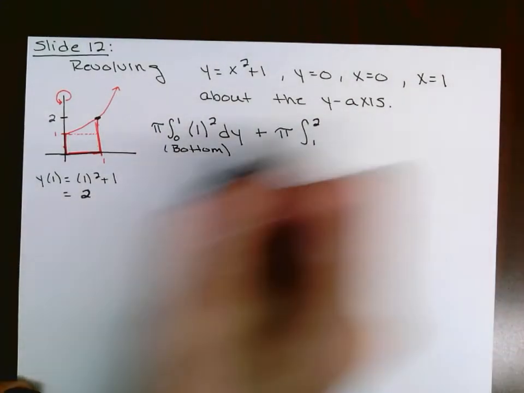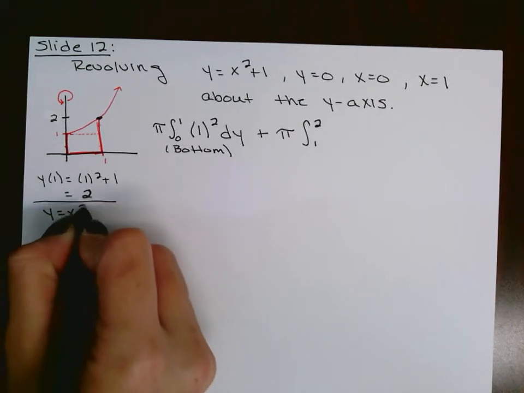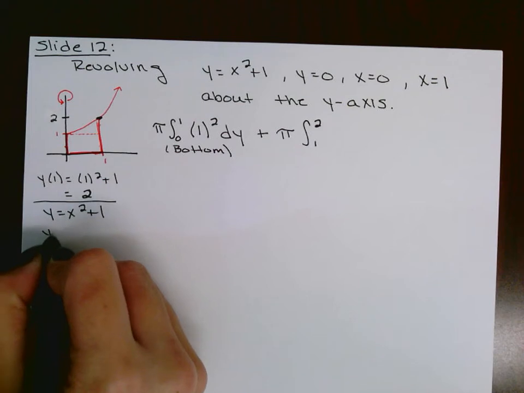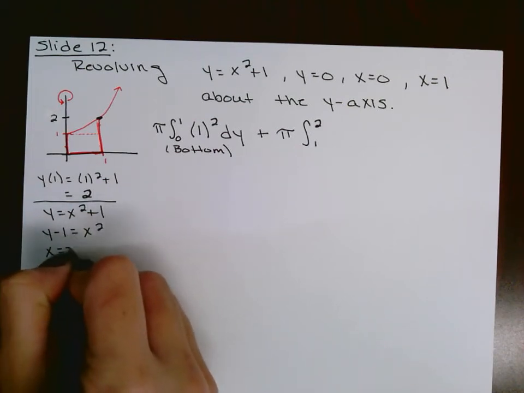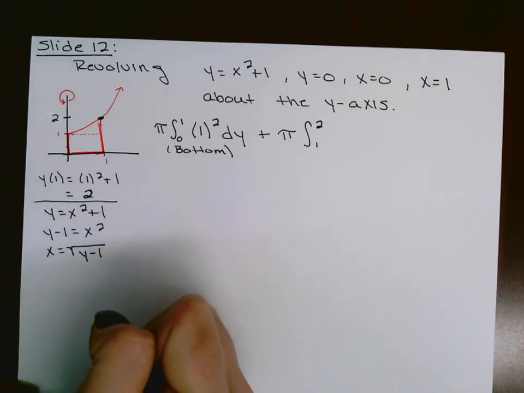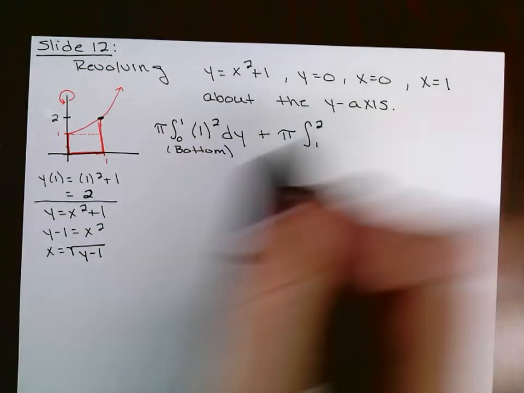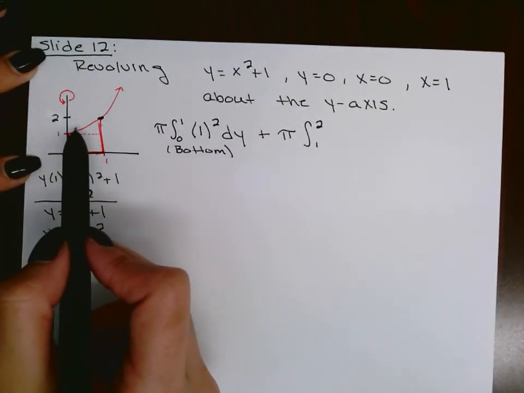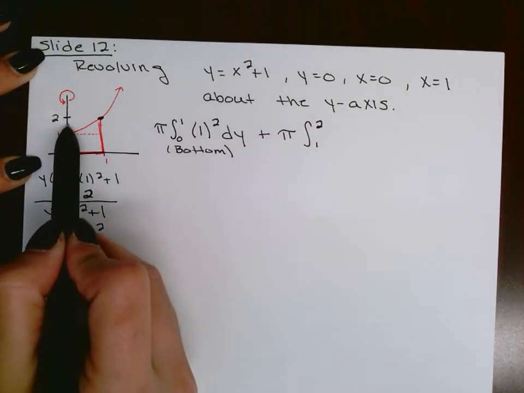So, now my function, let me change it. y equals x squared plus 1. And let's get that x by itself. Okay? So now here, I have to do the formula. So I don't have a c because my c is 0.